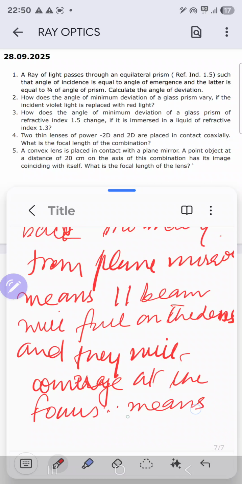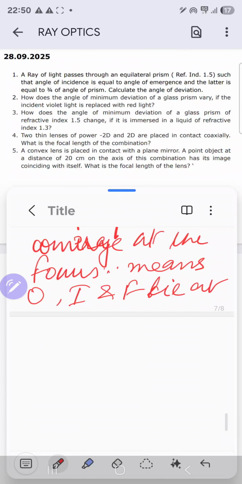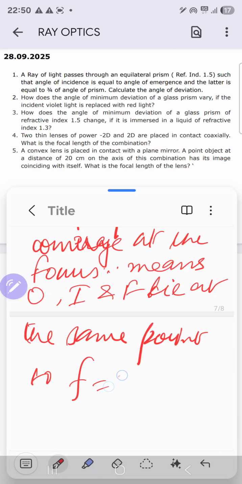Object, image and focus lie at the same point. So the focal length is also 20 centimeter. Using this concept we can explain. Thank you.